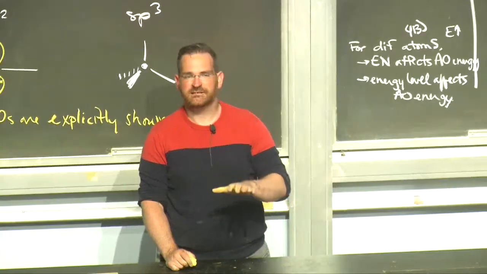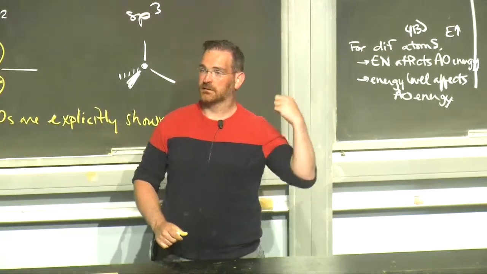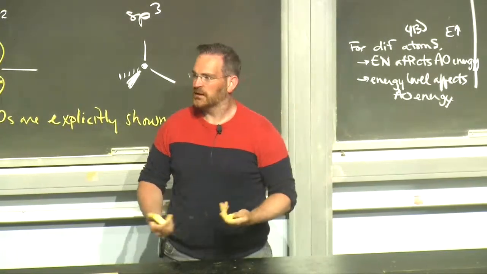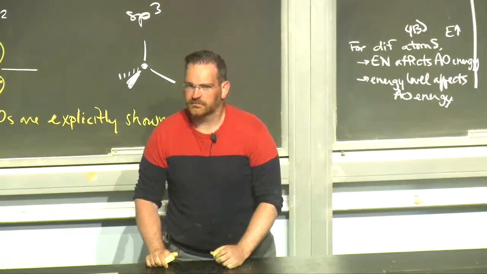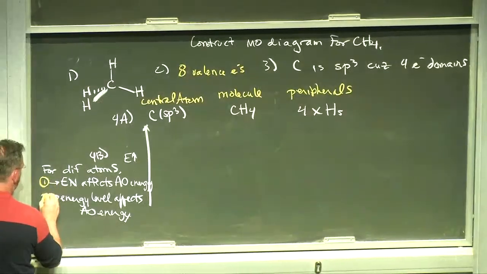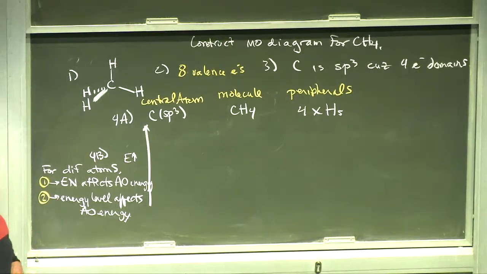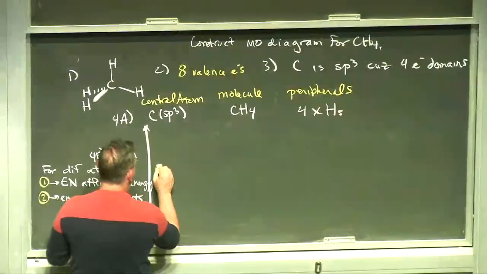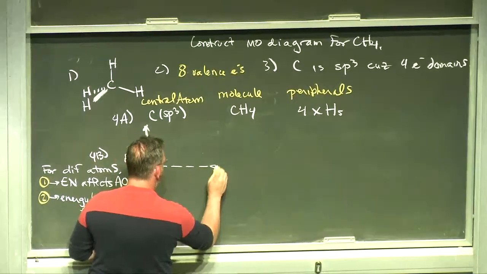We'll go by electronegativity, and then if they're the same, as is the case here, we'll look at energy level. So in this case, we'll say this is first and then second. So we'll mainly base our atomic orbital energies on electronegativity. All right, so carbon sp3, 1, 2, 3, 4.